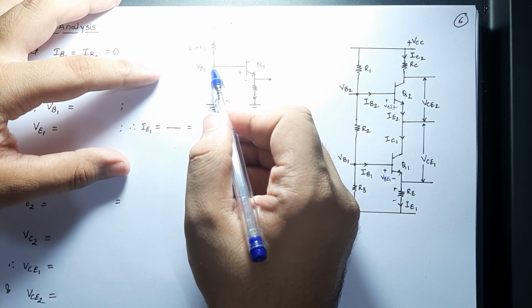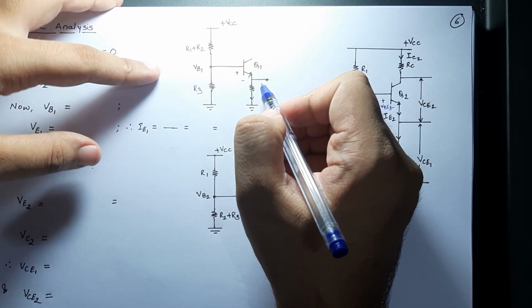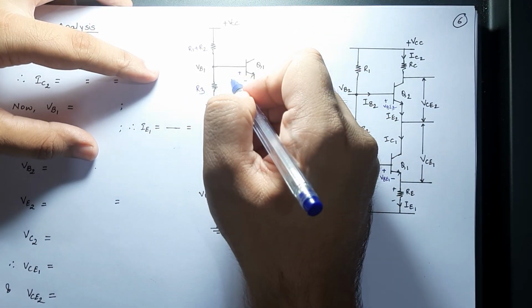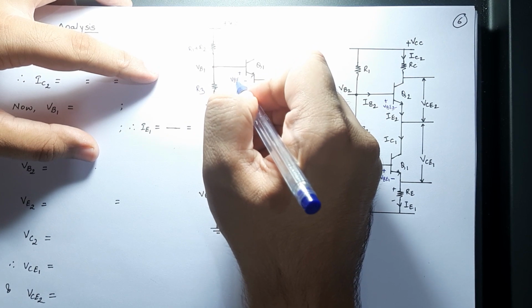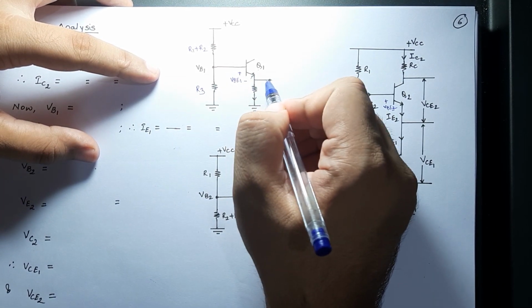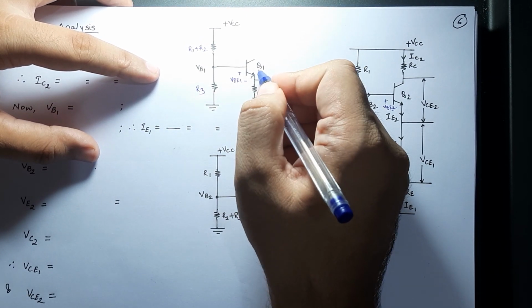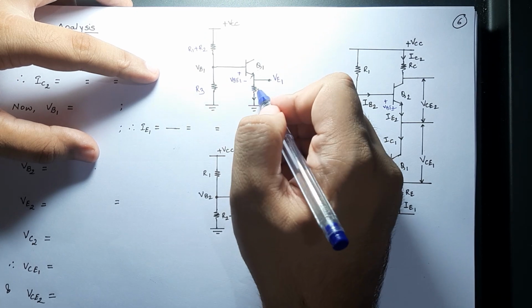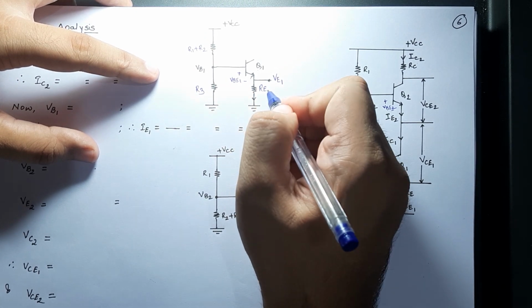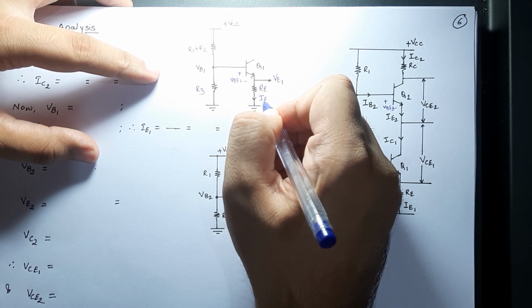Below VB1 we have R3, which is connected to ground. Here we have VBE1. Since this is the emitter terminal, the output here will be nothing but VE1, since this is the first transistor, and this one will be named RE, and the current coming out of RE will be nothing but IE1.